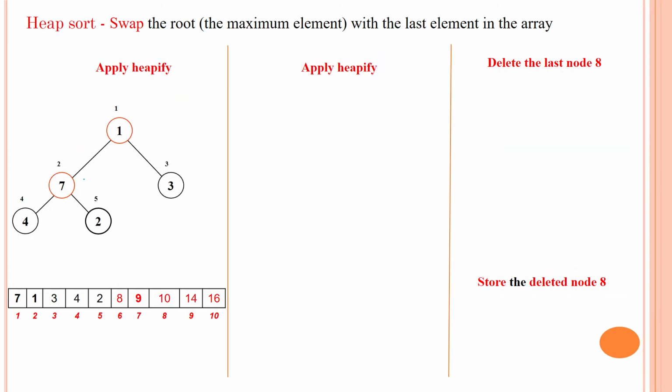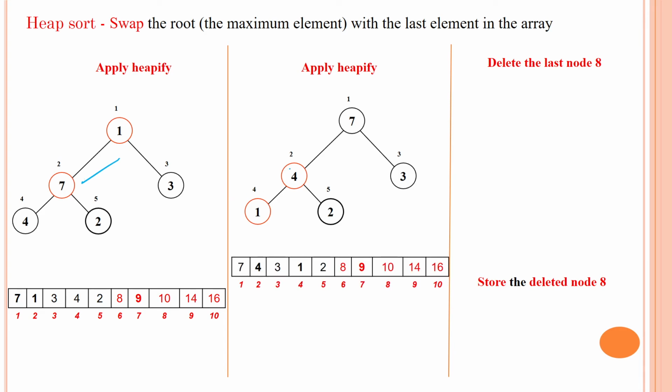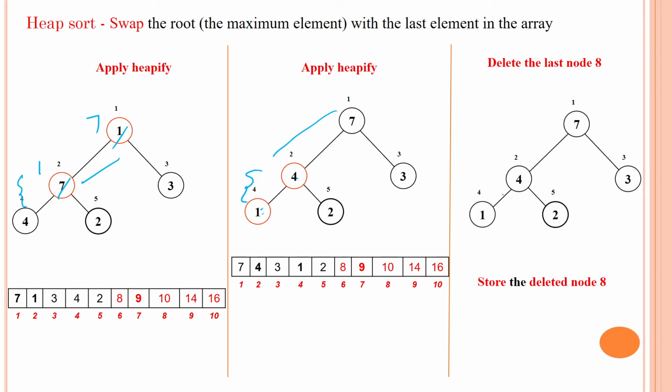So 1 and 7 are swapped. 1 will become here, 7 will become here. Still this is not satisfying the heap property, so we are swapping this also. So 4 and 1. Once it is done, now we have the heap satisfying the heap property.